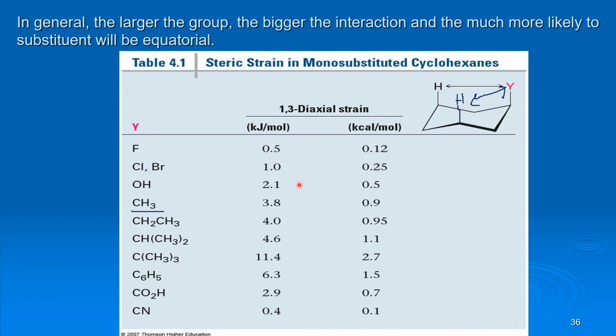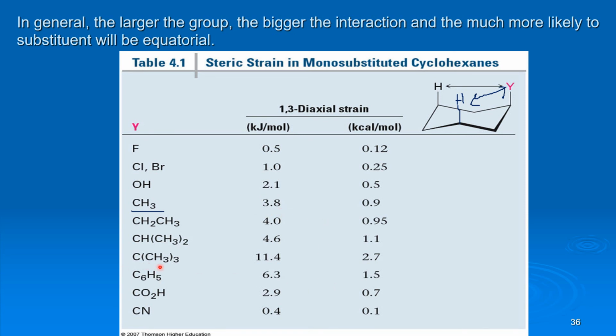So going back to that first graph, this one would be closer to 50-50, where some were axial and some were equatorial, because that's a much lower energy than, say, methyl. Methyl might be maybe 75-25, something like that. I'm just making up these numbers, but there will definitely be more of the CH3 in the equatorial position.